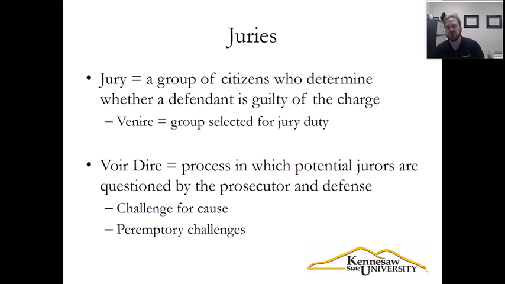There has been some research to date that has looked at racial bias in the way that prosecutors might use their peremptory challenges. Particularly in some areas of the country, if you had an African American defendant and a white victim, the prosecutor might try to keep African American people off of the jury, and so you can actually argue that they're using some sort of systematic racial bias in the way that they're using their peremptory challenges.